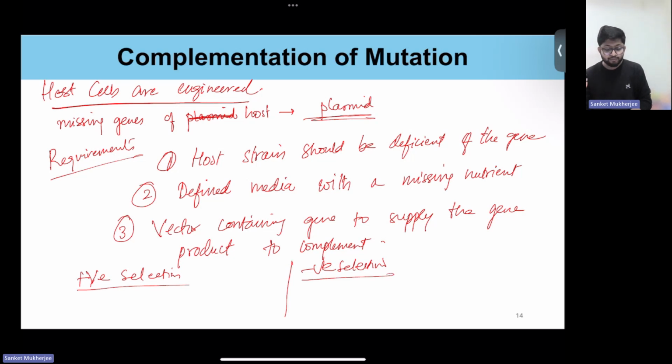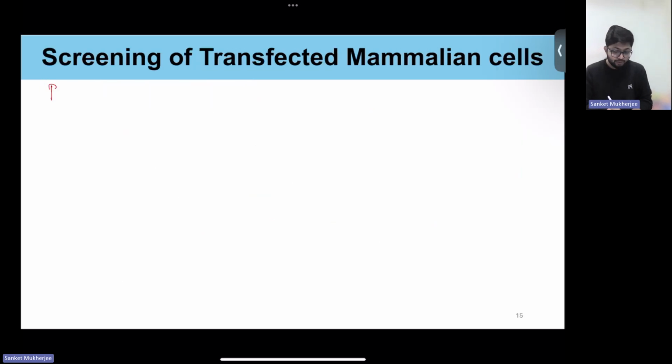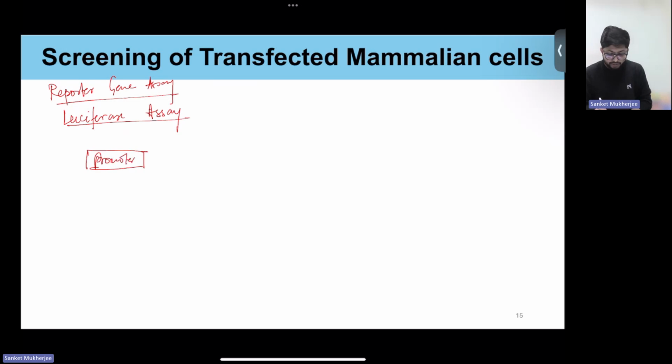How to screen mammalian cells? So there is reporter gene assay. One of the most preferred ones is, let's say, luciferase assay. There's a promoter and luciferase gene attached to it.